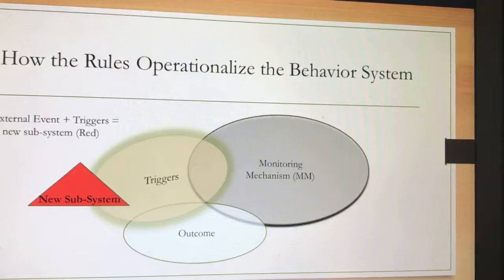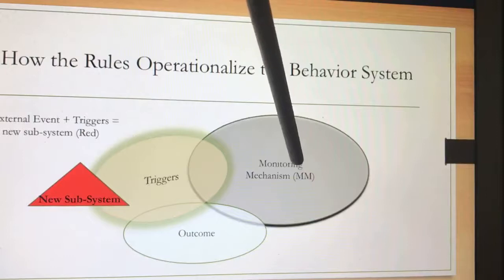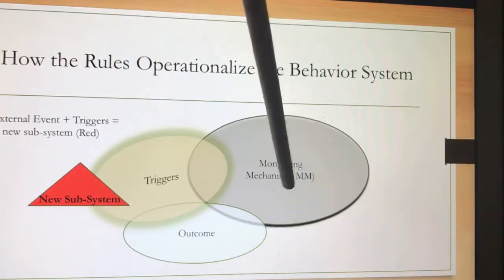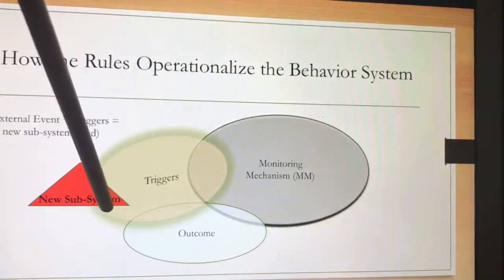Therefore, learning or the monitoring mechanism is developed based on the frequency of the triggers. The monitoring mechanism is also responsible for what we experience as the now. The minimum unit of interactions is the sum of all moments of the monitoring mechanism until the current moment.